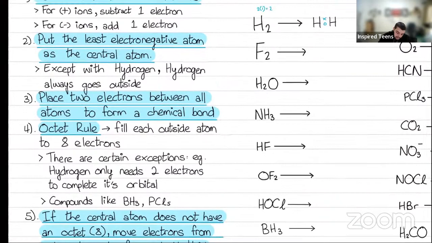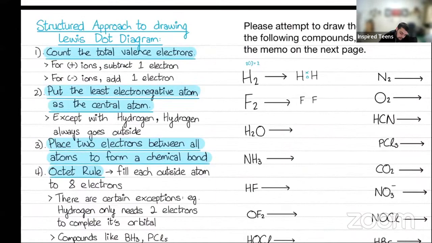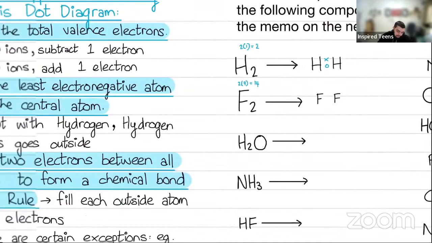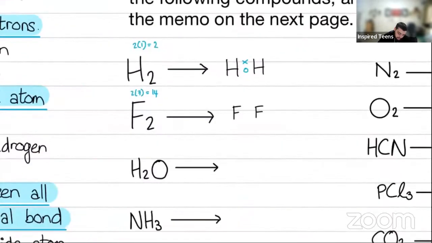Okay, now let's do fluorine. So total valence electrons, I believe that there would be 14. Okay, total valence electrons 14. Put the least electronegative atom, okay, so that's fine. If this is going to be a non-polar molecule, hydrogen always goes outside. Put 2 electrons to form the bonds.